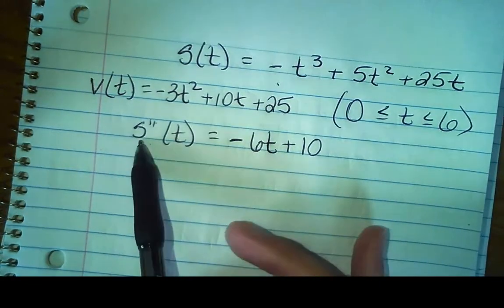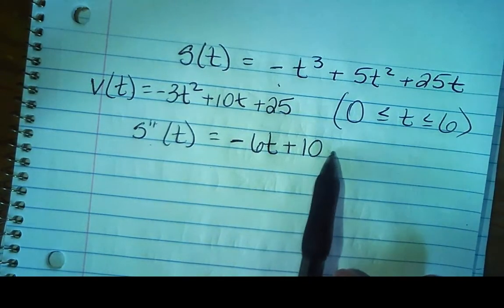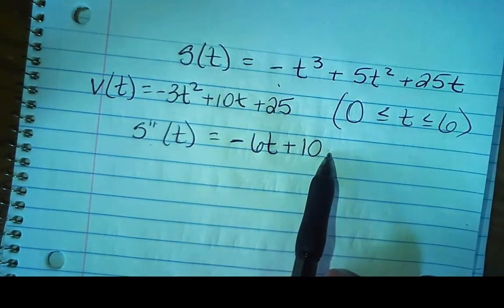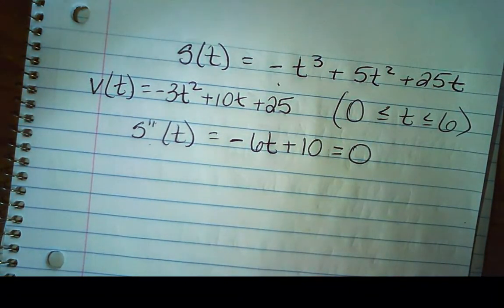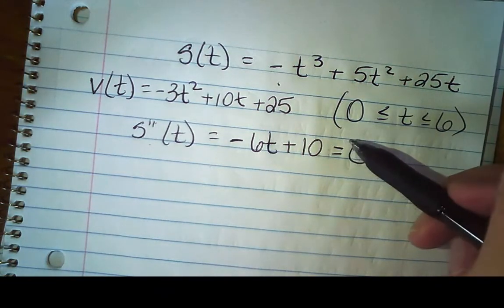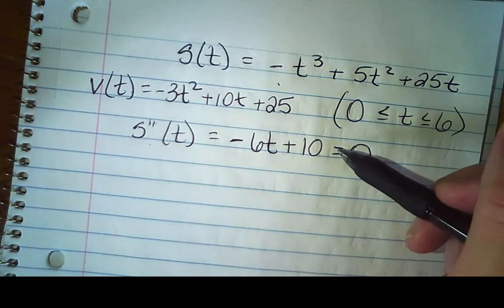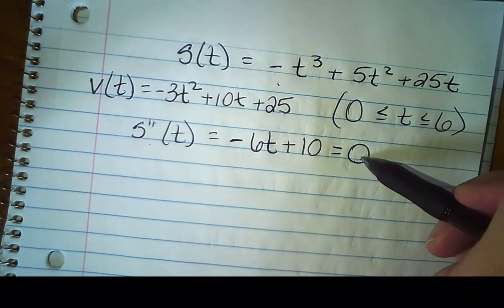In other words, acceleration can increase or it can decrease. Increasing will be a positive answer, decreasing will be a negative answer. So when will it have an acceleration of 0? I want to know when it hits 0.